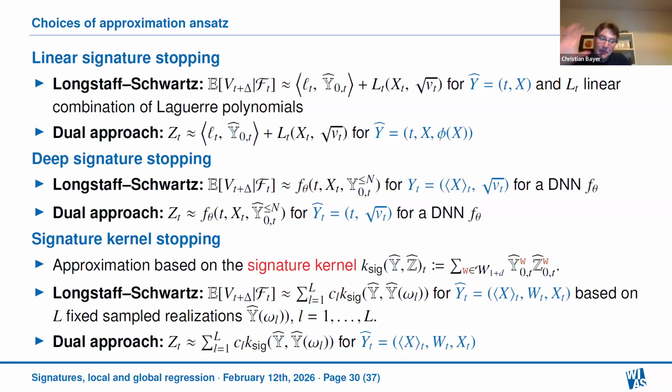And I mean, these are the 2 basic algorithms, and we apply different versions of signatures in a way. We either apply linear functions of the signature, we apply neural networks applied to truncated signature, or we also apply signature kernel, which is actually special because it does not involve a truncation of the signature.